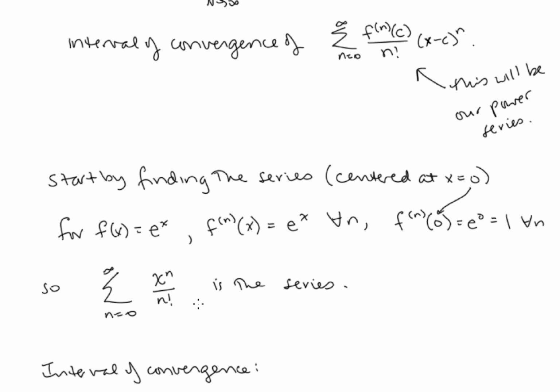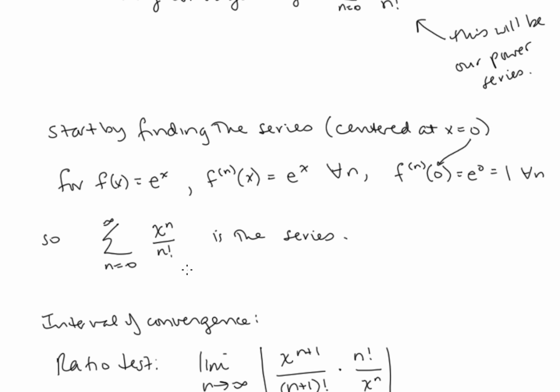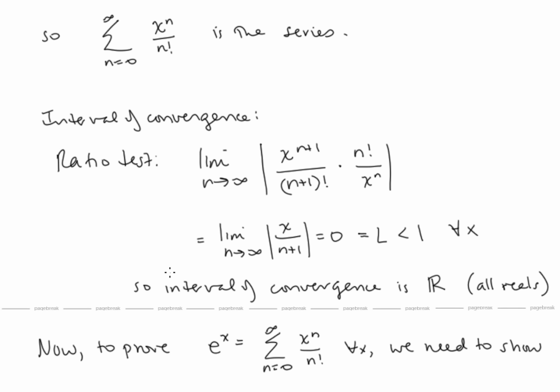So far we have a Taylor series for f of x equals e to the x. We haven't yet proved that this actually converges to e to the x for any x values. Let's first find the interval of convergence of this series. We're going to do that using the ratio test. This limit here is equal to 0 for all x, which tells us that for all x in the real line, we get convergence.